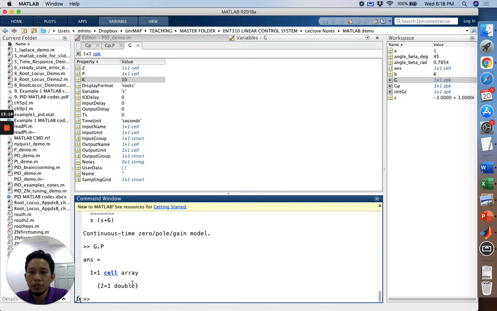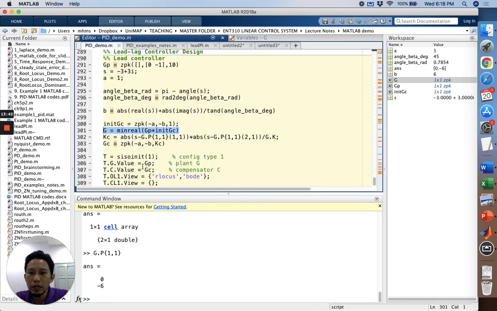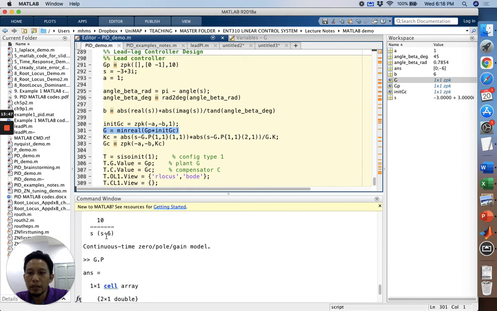You can call something like 1,1 because it is a 1 by 1 cell array. A cell array is called by using curly brackets. So g.p curly bracket 1,1, you have this 0 and negative 6. Which is correct, because in our case G here has zero and pole at negative 6.